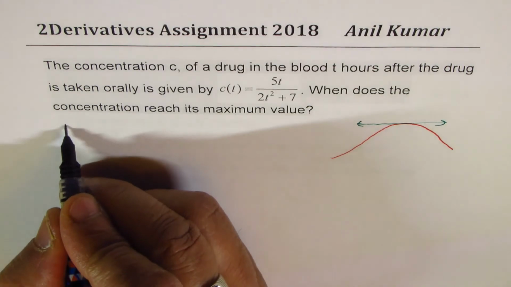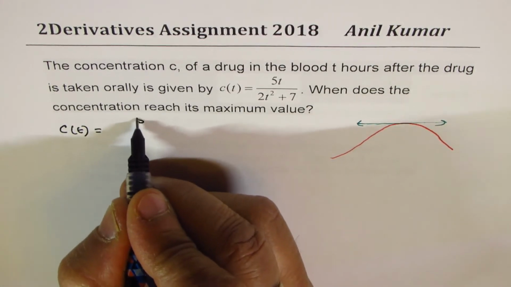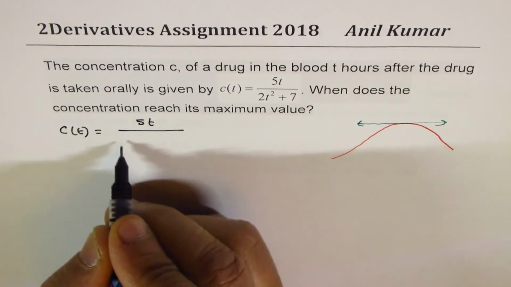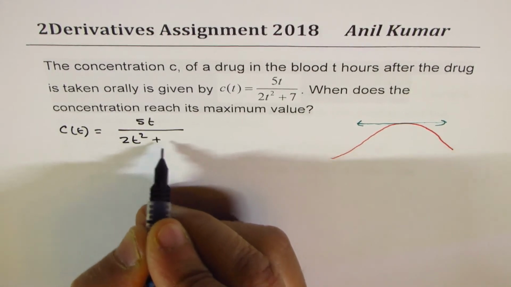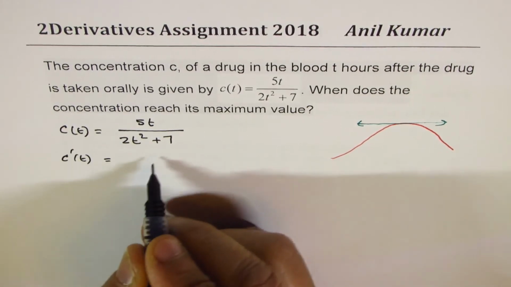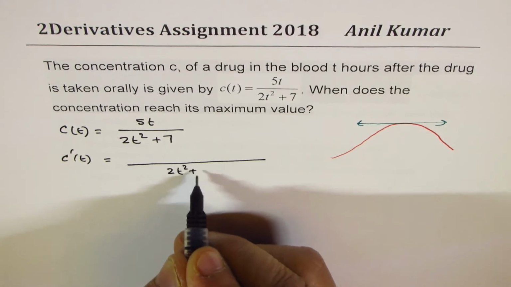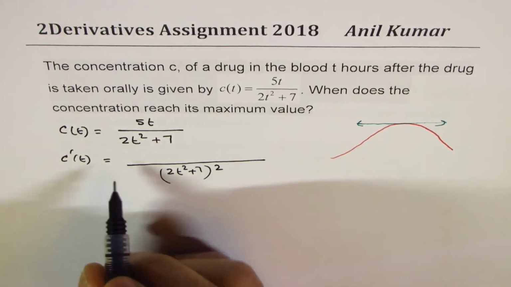So we are given the function C of t, concentration is 5t over 2t squared plus 7. So let's find the derivative of this function, which is equal to, applying the quotient rule, we have 2t squared plus 7 whole square.